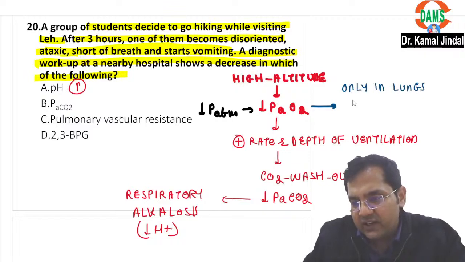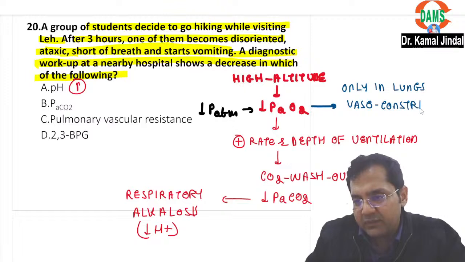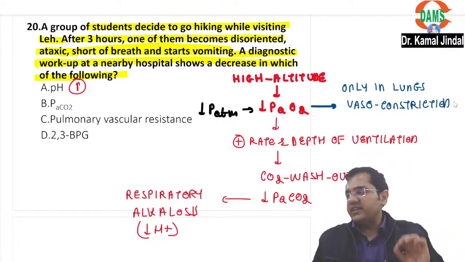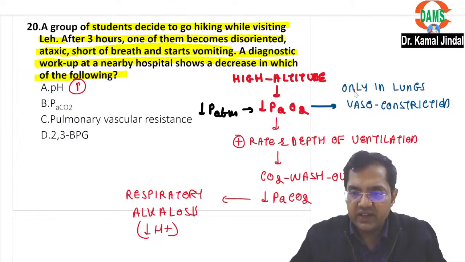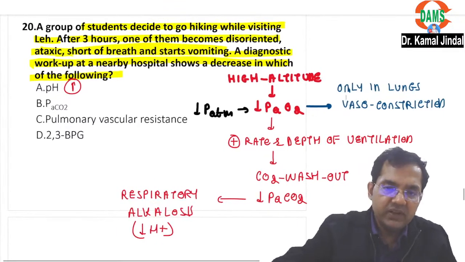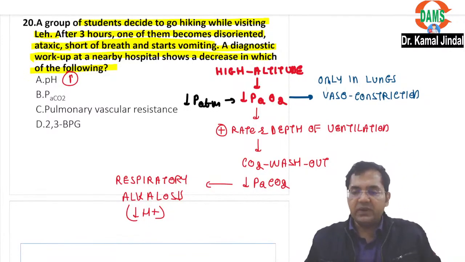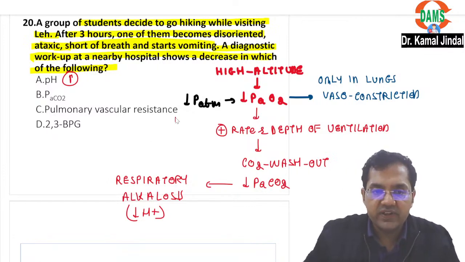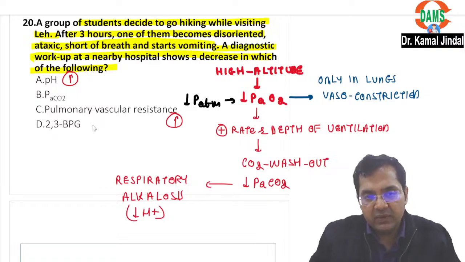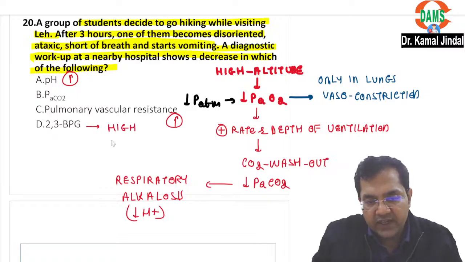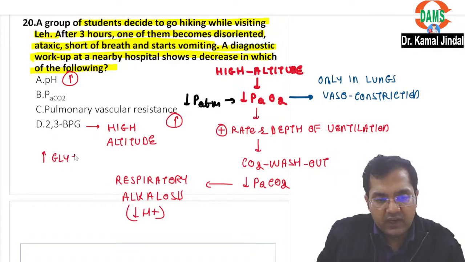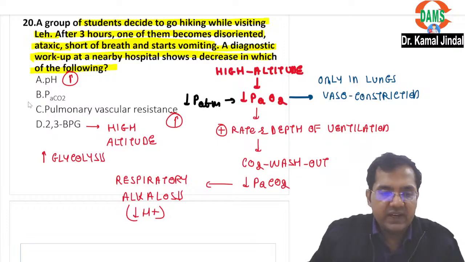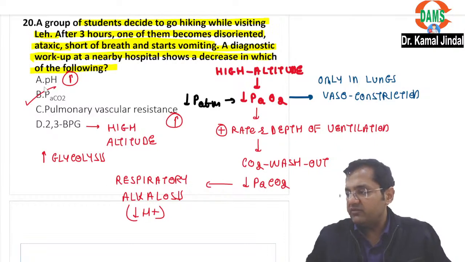The molecular mechanism is the same as we have studied earlier. Oxygen sensitive potassium channels close, potassium cannot go out. What will happen? Depolarization, resulting in vasoconstriction. Vasoconstriction means resistance will also increase. And remember, at high altitude, 2,3 DPG increases due to more glycolysis. So the only correct answer here is fall in arterial CO2, right? Fall in arterial CO2.